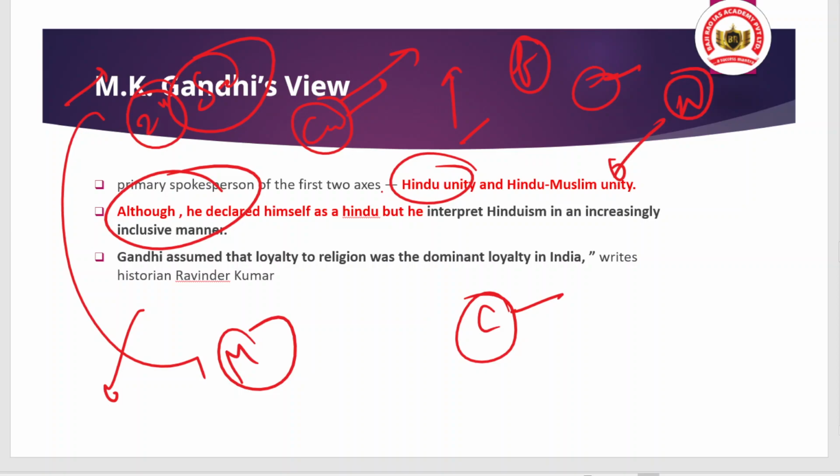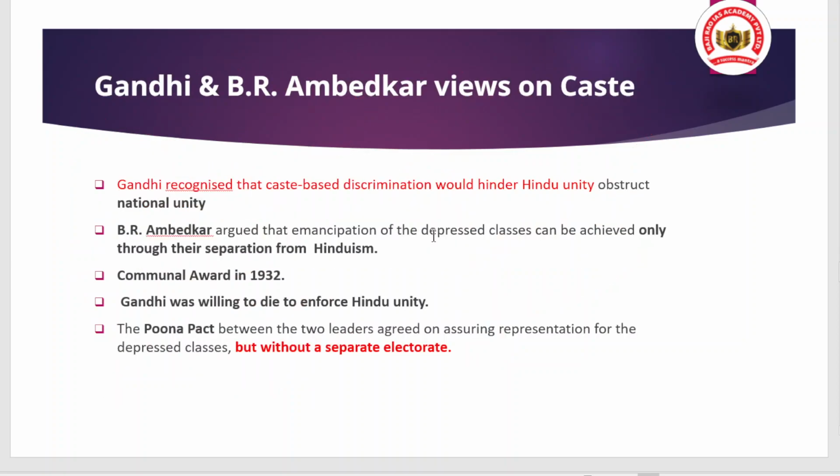Also, Gandhi assumed that loyalty to religion was the dominant loyalty in India, and that is a statement written by historian Rabindra Kumar. So you can see here the viewpoints of Gandhi and Ambedkar on caste.